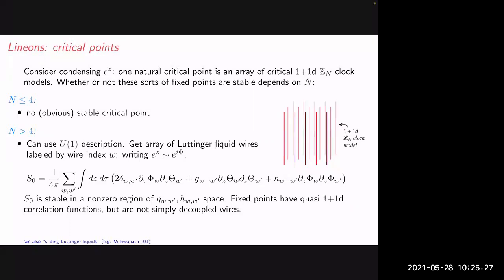And what you get in a scenario like this is a critical phase, or a gapless phase, if you will. You start from the X-cube model and you condense these lineons, and there's an intermediate range where you have this kind of gapless fixed point. Okay, so that's one example of a way to produce a continuous phase transition in the X-cube model.